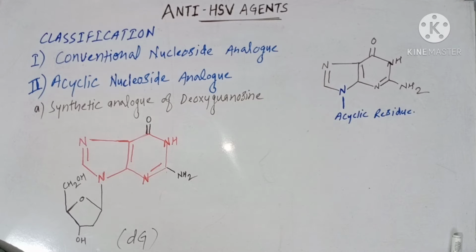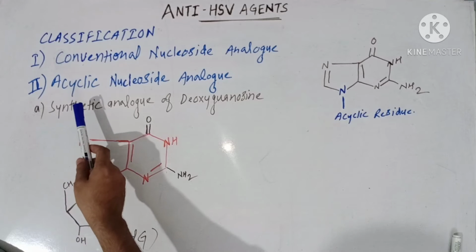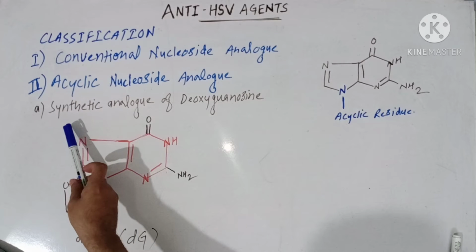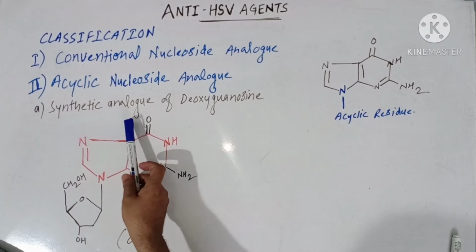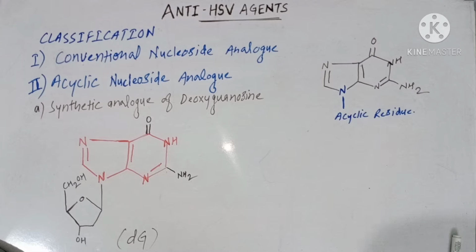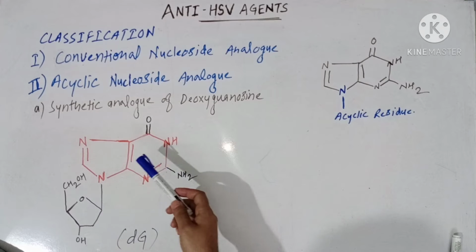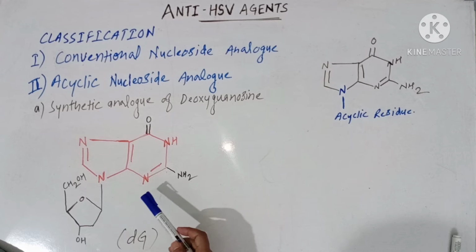So let us discuss the first subclass of this acyclic nucleoside analog, which is synthetic analog of deoxyguanosine. So this is actually the normal deoxyguanosine structure.